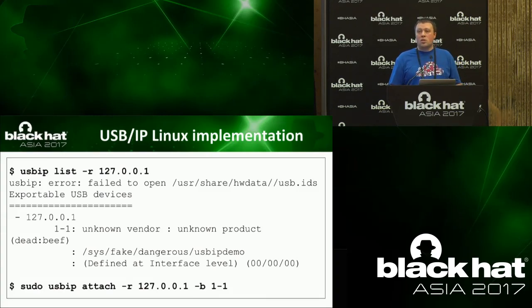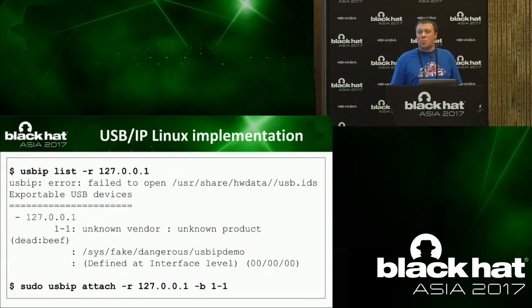So on one side, the user space process extracts the low-level network packets from the virtual interface and forwards them to the other side, and the other side just injects them back into its network stack.